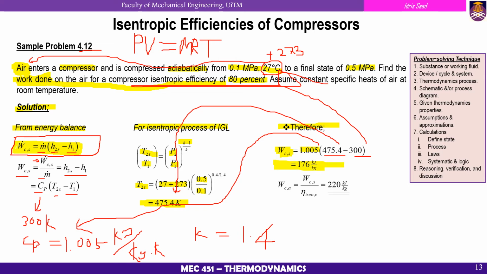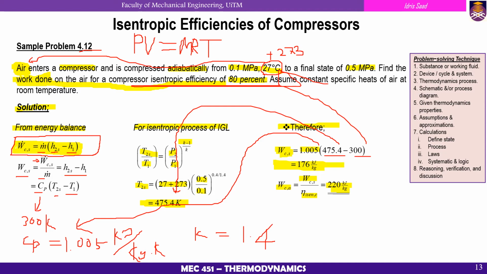We know that isentropic efficiency is equal to isentropic work divided by actual work. So you can rearrange: actual work is equal to isentropic work divided by the efficiency. You put in the values: isentropic work is 176, isentropic efficiency is 80% or 0.8. Finally, you can get the actual work for the compressor is 220.